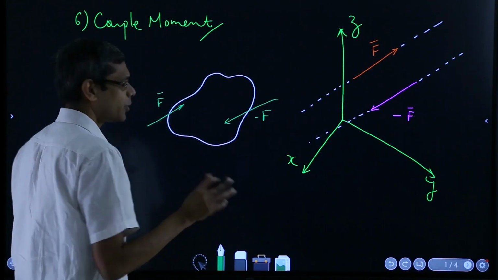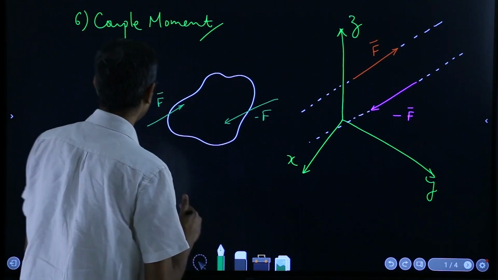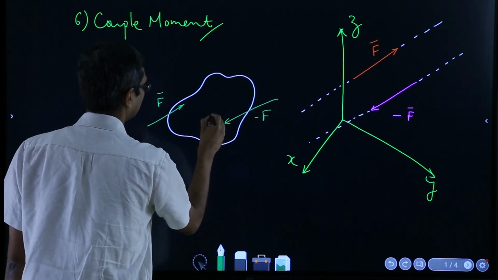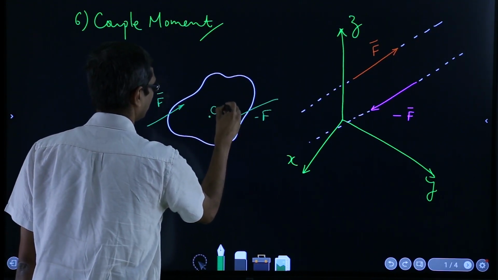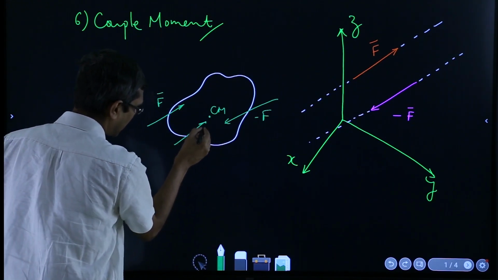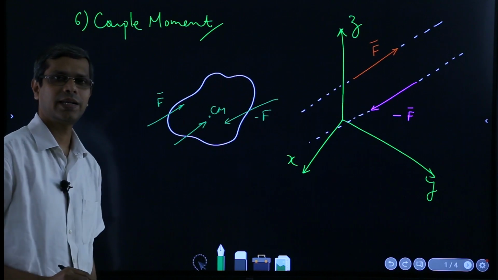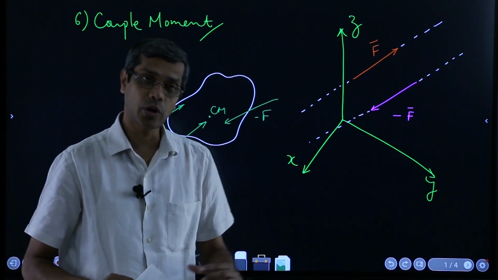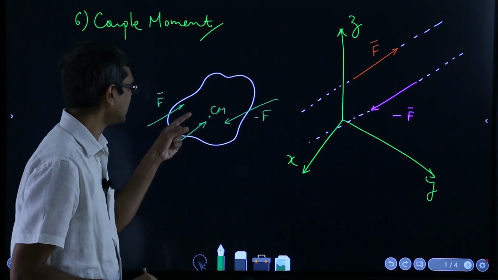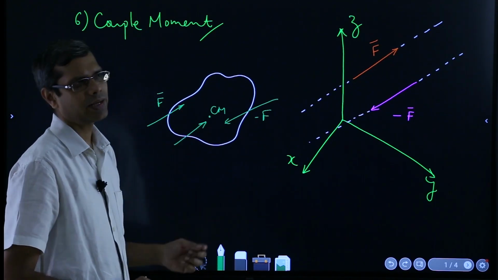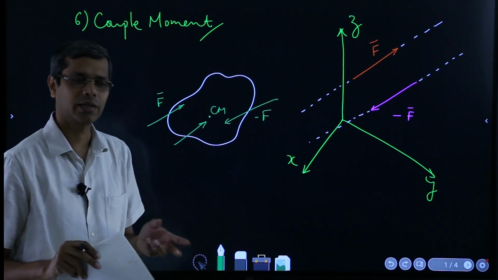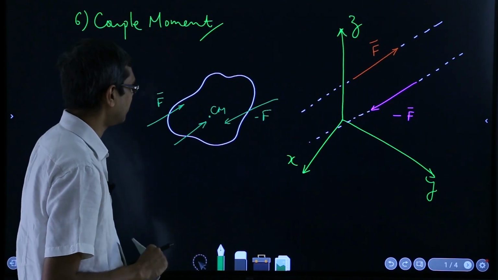So that is why this couple moment is so important. It provides a pure form of twisting. For example, how do you get a pure form of pulling or pushing? When you have a body with a center of mass here, and you push it along that, then you can create a pure kind of pushing or pulling effect. But anywhere else if you push, you will have a combination of pulling and pushing effect along with a rotational effect.